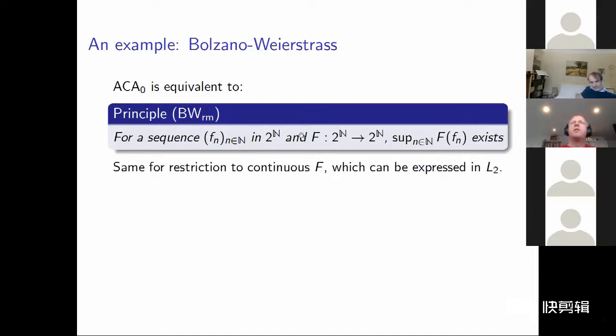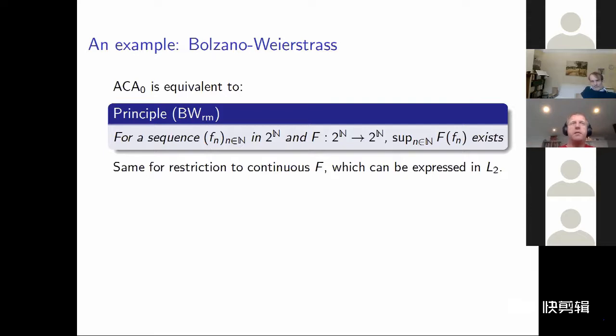You can restrict to continuous f, and then you can work in the language of second order arithmetic alone. But it doesn't really matter. You can have higher order f, or just codes for continuous f. This is pretty robust. The supremum of a sequence that is bounded above exists, and that's equivalent to ACA_0.